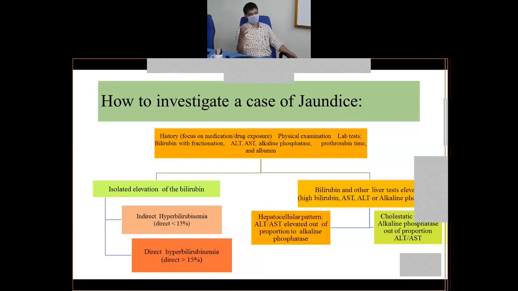In the obstructive, that is cholestatic category, alkaline phosphatase will be out of proportion to ALT and AST. In both cases ALT and AST will be high, but if it is obstructive, you will get increased alkaline phosphatase. In hepatocellular, alkaline phosphatase will be on the lower side in comparison to the AST and ALT level. On this basis, you can divide it into indirect hyperbilirubinemia, or if direct, whether it is hepatocellular or cholestasis.